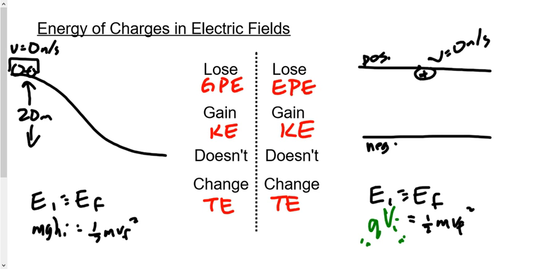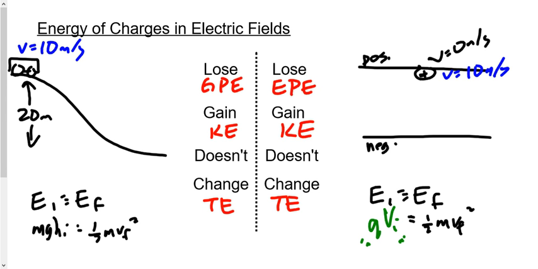Let's change this question a little bit, though. Let's now say that this car does have a speed at the top of the first hill. Let's say that this car has a speed of 10 meters per second up here. Say that this charge over here has a speed of 10 meters per second. What kind of energy does the car have now before it starts? Top of the hill.